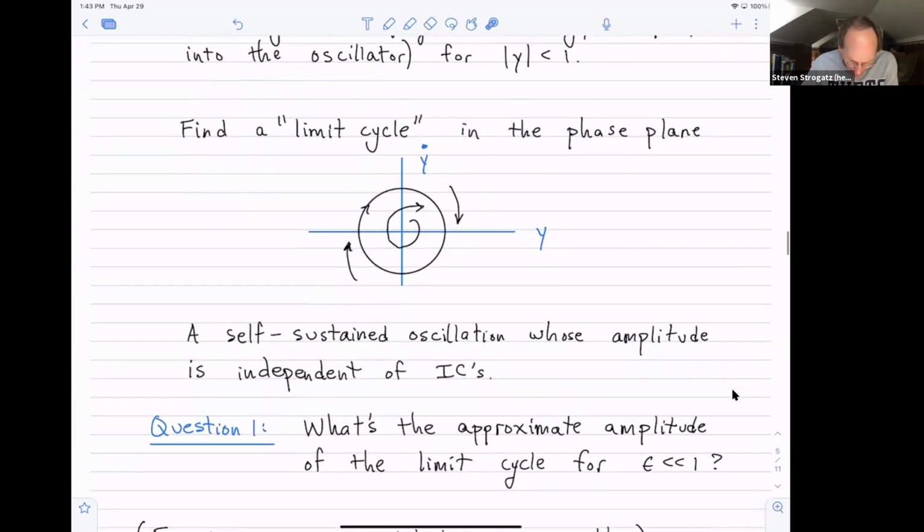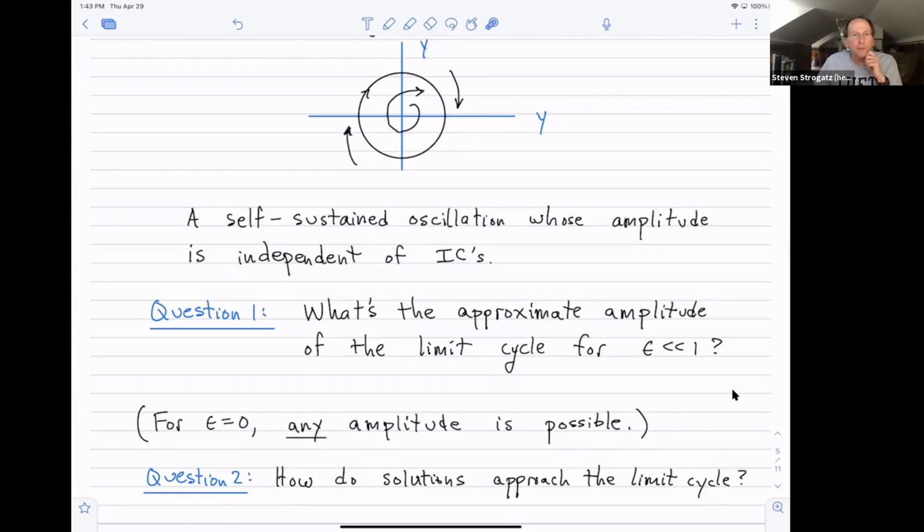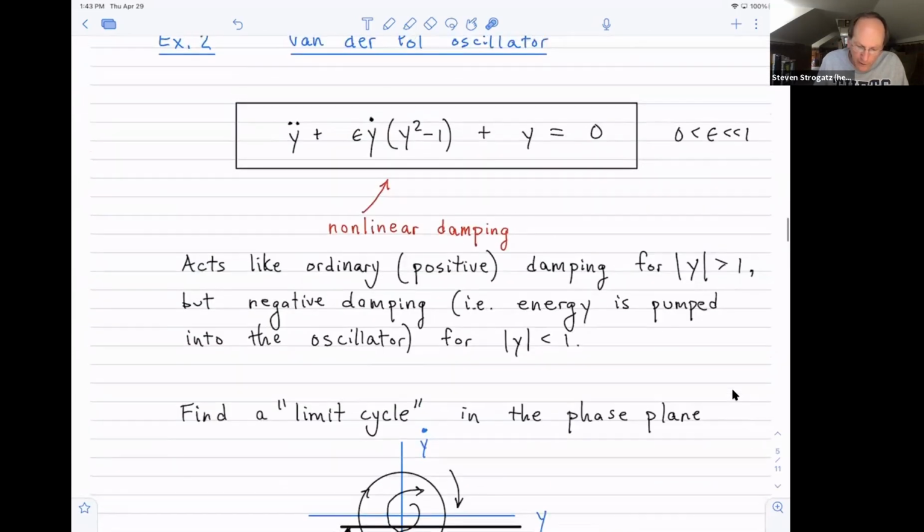Anyway, so the question before us is, what's the approximate amplitude of this limit cycle in the small epsilon limit? And by the way, that's sort of a puzzling thing from the standpoint of linear math, because if epsilon is strictly equal to 0, if we just ignored epsilon altogether, if this term weren't here, that system is a simple harmonic oscillator, which can oscillate at any amplitude.